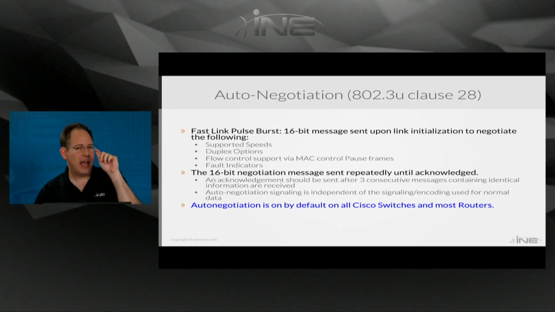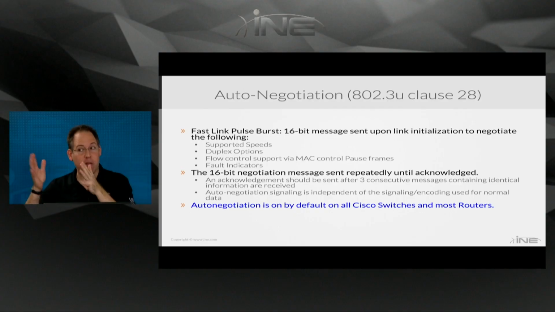And so now every single bit within that fast link pulse, whether it's set to a 0 or a 1, will actually indicate what the supported speeds are, what the supported capabilities are, if there's any faults, if we were doing flow control using layer 2 pause frames. So now this auto negotiation message was developed, and it was based off of this existing 16-bit pulse called the fast link pulse burst.